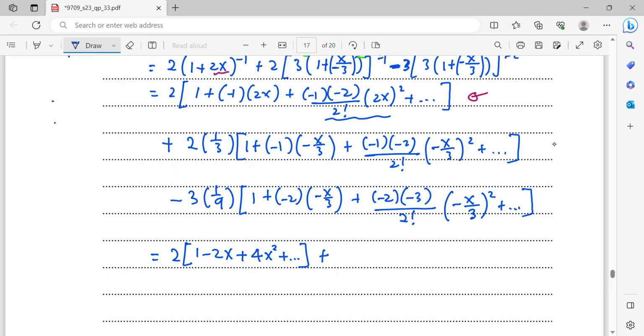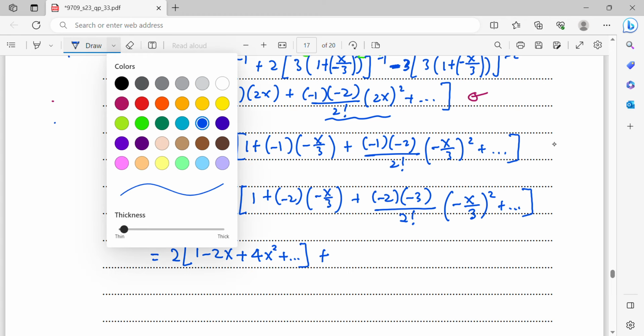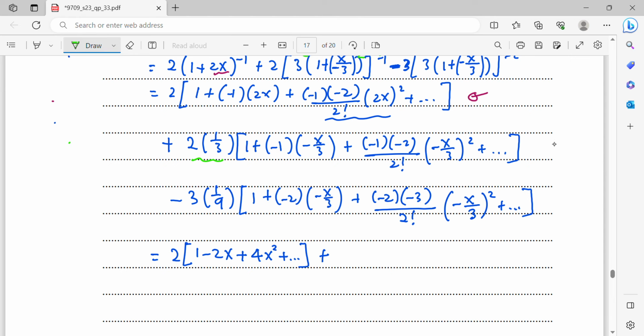Okay. Now for the next expansion, this is 2 over 3. So I'll get 2 over 3. And then this together is plus x over 3. And then the last term, you will get 1 over 9x squared.